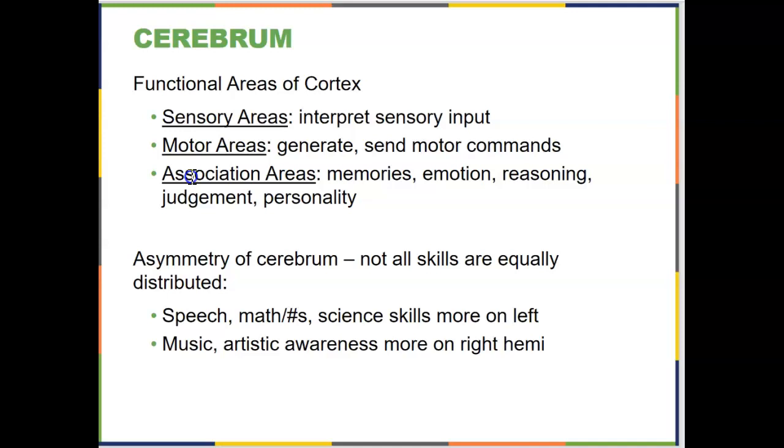Guitar players, string players, violin players, have an expanded motor association area and motor cortex for their left hand because they've memorized where to put their fingers to perform sounds on an instrument. So the different chords, let's say. There have been many studies that show that the right motor areas are expanded in people who play string instruments if they're using their left hand.